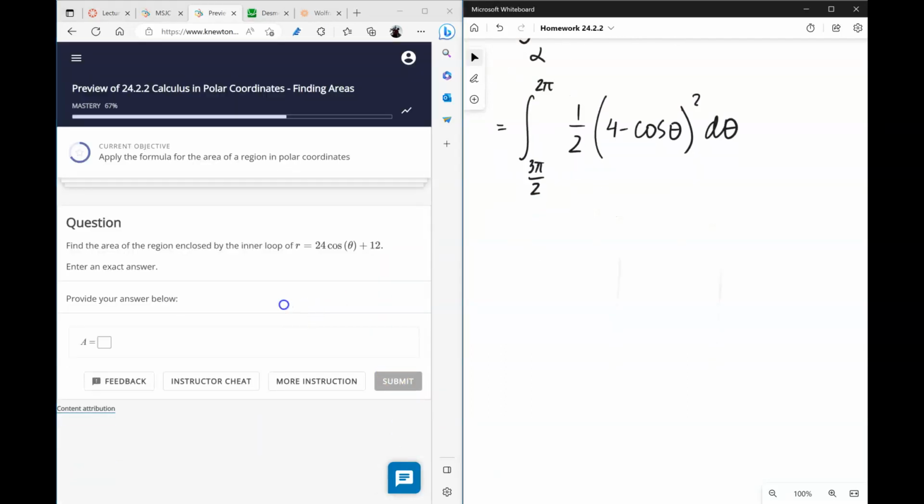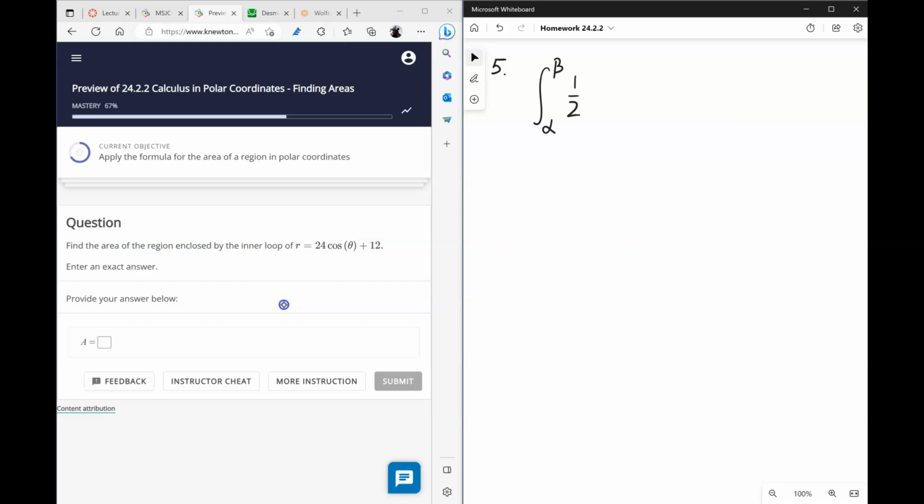All right, problem number 5. We have to set up the integral from alpha to beta of 1/2 r squared d theta, and here we have an inner loop, so we need to figure out where that inner loop happens.